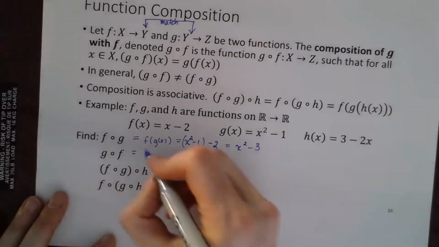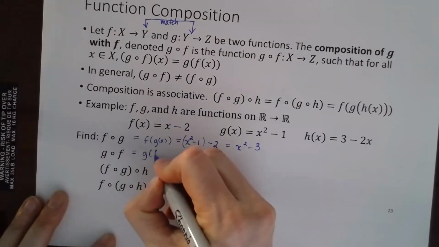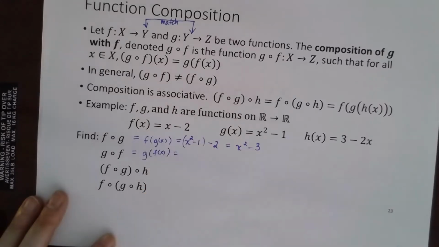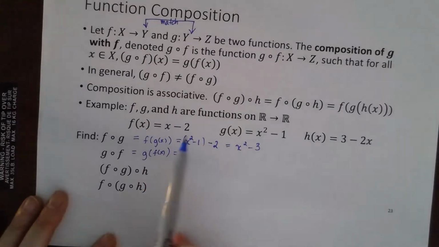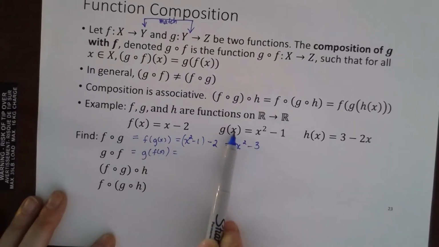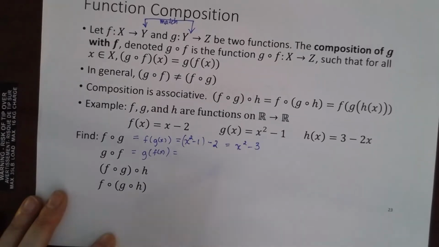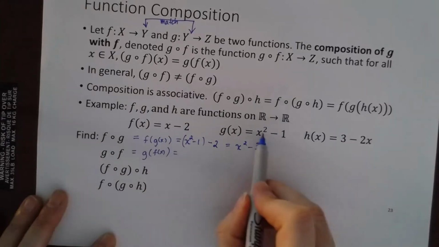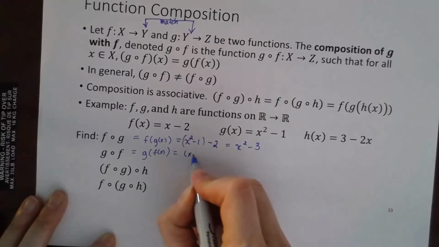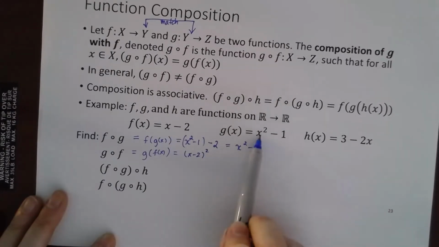Now, if we did g of f in this order, this time we're going to take the f function, or the expression x minus 2, and use it as an input to our g function. So our argument x is going to get replaced with x minus 2. So in our g function, this will be x minus 2, and that will get squared.